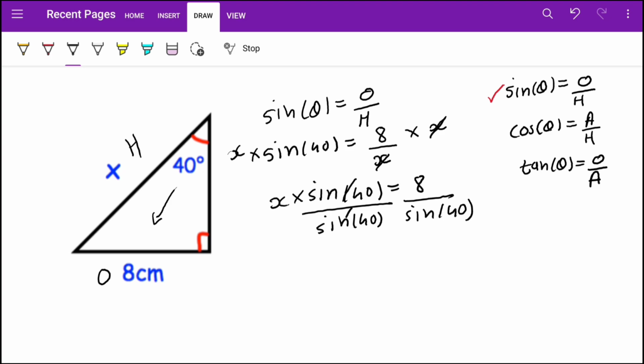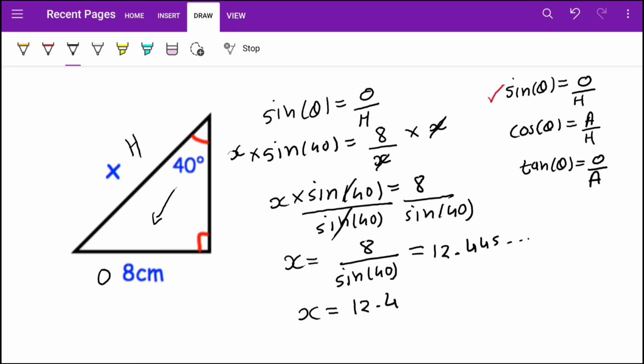So this cancels out, and we get X equals 8 over sine 40. If you put this in the calculator, you will get 12.445 and continues. So we will round this to one decimal place. So we get X equals 12.4.